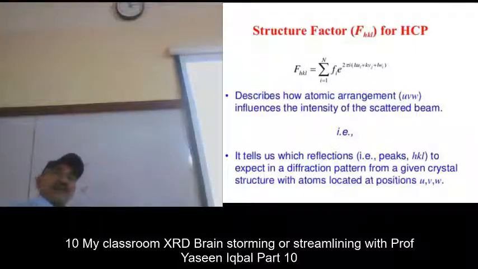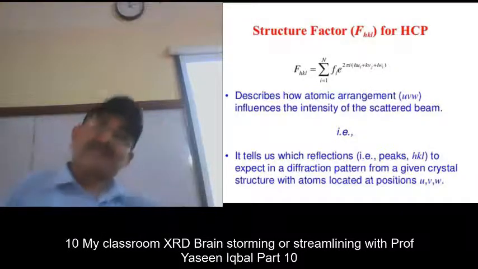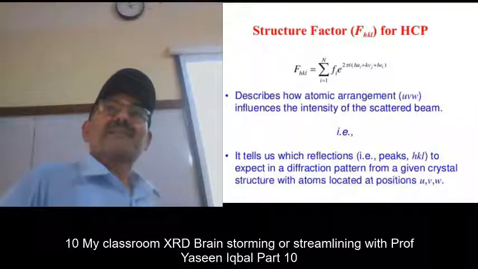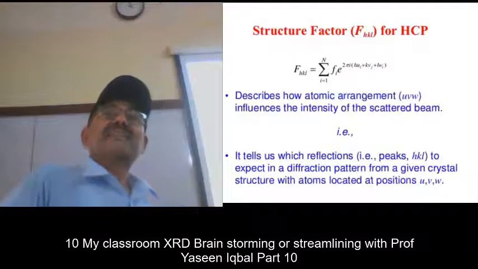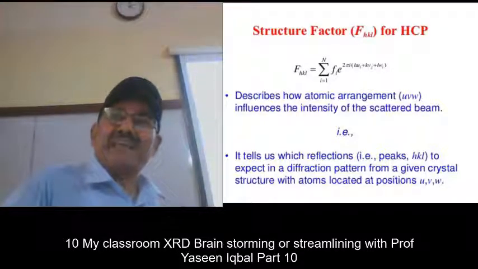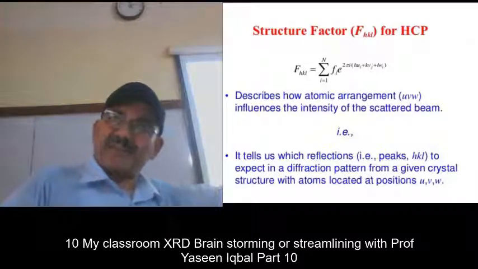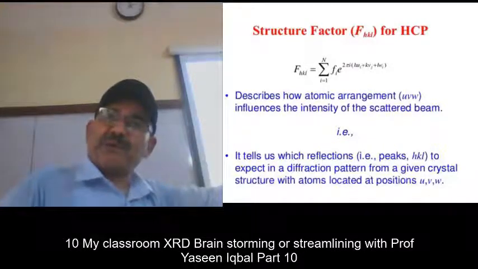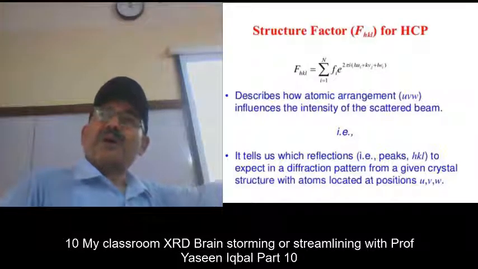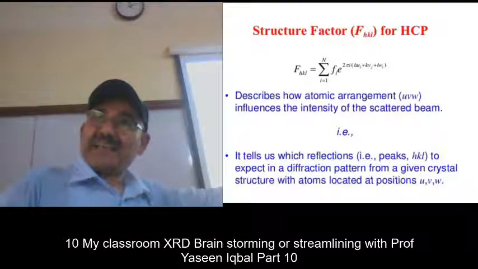So the diffracted beams, the scattering, are occurring at 2 theta values from here to here, but they are not satisfying Bragg's law, and they are not interfering constructively after diffraction. And that is why you have no intensity there.